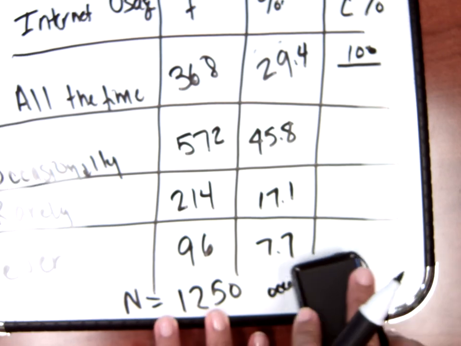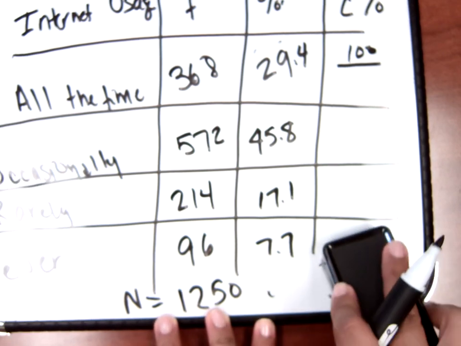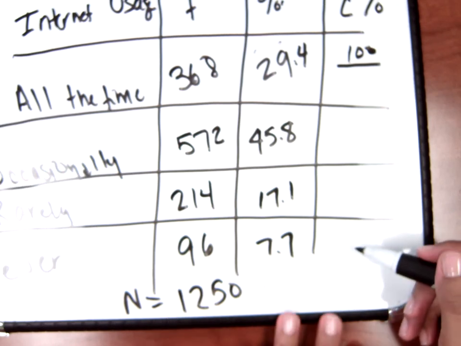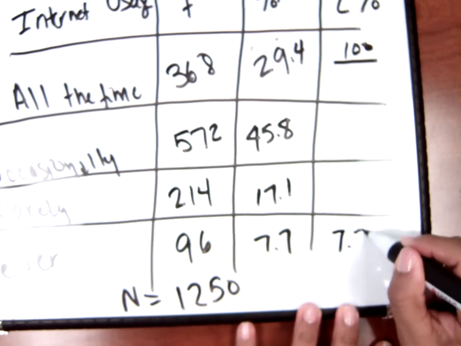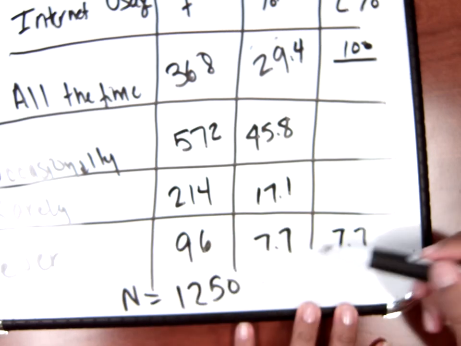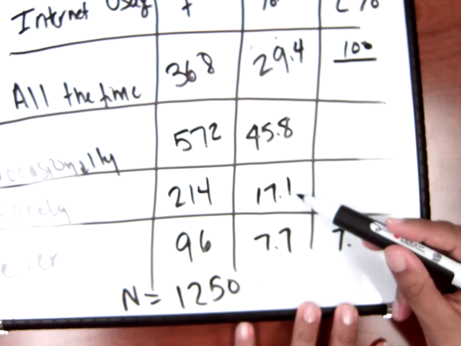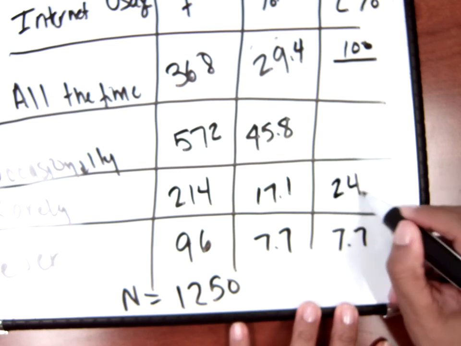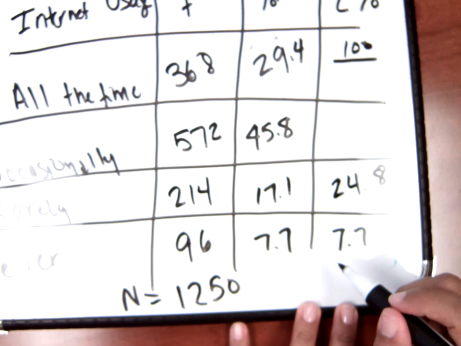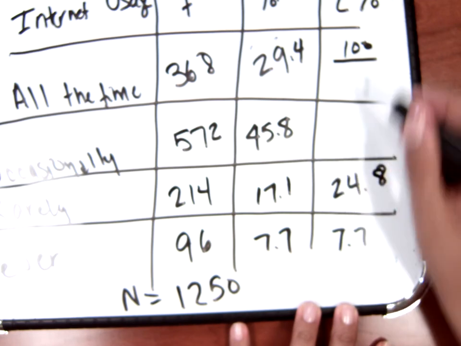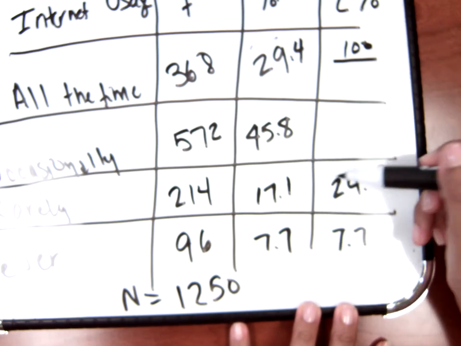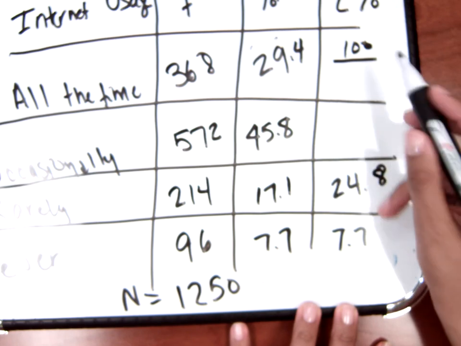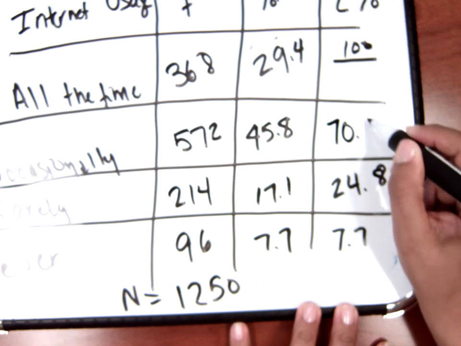Now your cumulative frequency is basically just adding up the lower levels. So obviously the cumulative frequency of those who never use it is going to be 7.7. Rarely is going to be 7.7 plus 17.1, which is going to give you 24.8. Then you want to get to the occasional cumulative frequency, adding it up, and we're going to have 24.8 plus 45.8, which is going to give you 70.6.